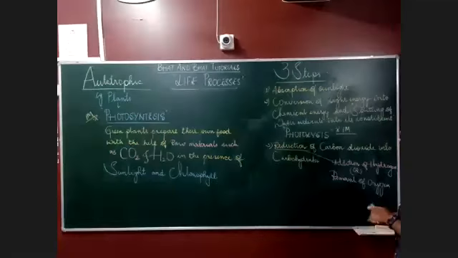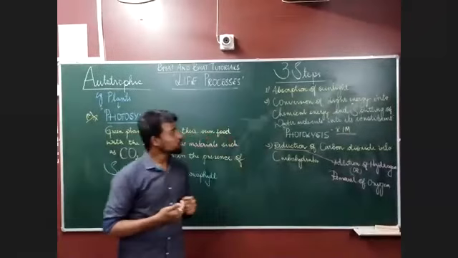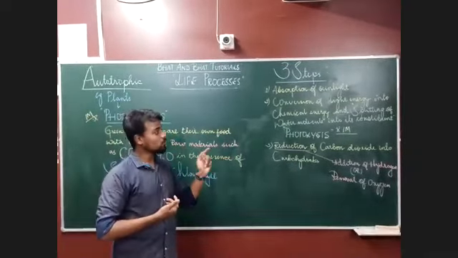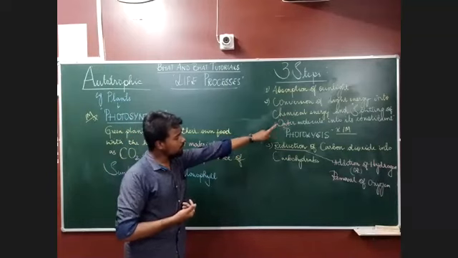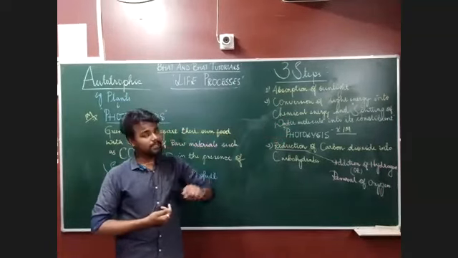Now, what are the three steps present in the photosynthesis process? The first one was the absorption of sunlight. The second is the conversion of light energy into chemical energy, and the splitting of water molecule into its constituents, which we call photolysis. Mark it as very important for 1 mark.